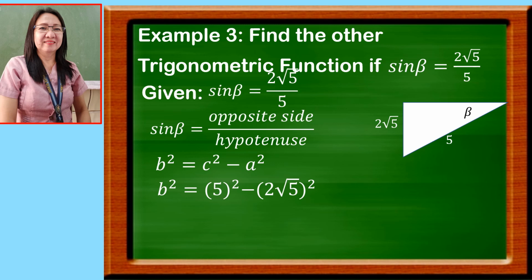Then simplifying by getting the square root of both sides, 5 squared is 25, and the square of 2 square root of 5 is 4 times 5 or 20. Then 25 minus 20 is 5. So the value of b is the square root of 5.